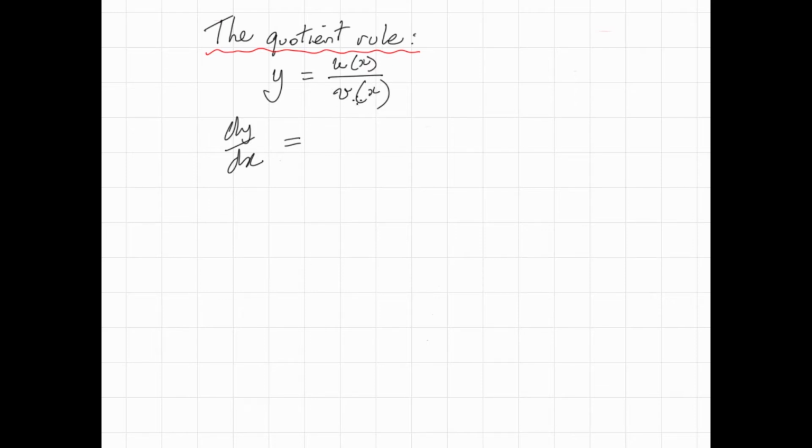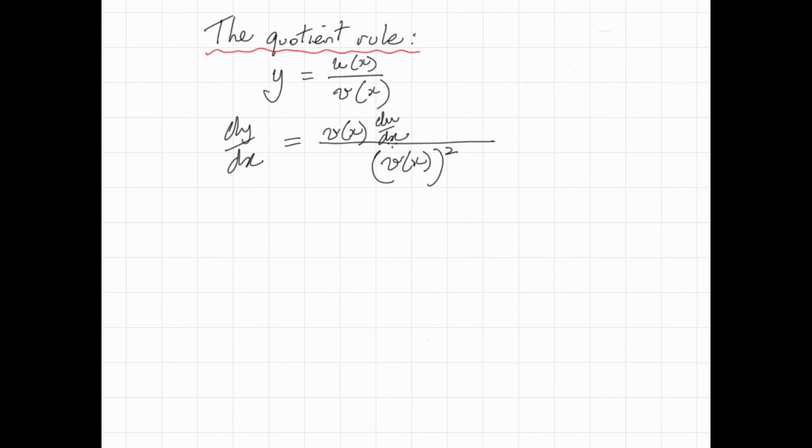Whatever function's on the bottom, in this case v of x, in the answer goes v of x, and then we square that. So that goes on the bottom. Whatever goes on the bottom we start with, so that's v of x, and then it's du dx.